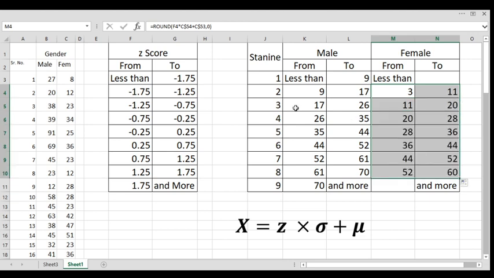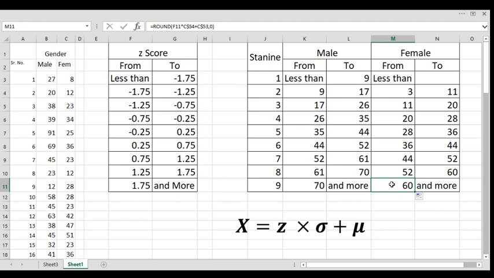The ranges for stenine 2 to 8 will be found in this way for female, and for the starting point of 9th stenine for female, we make the cell M10 active and we drag it down. The formula written in M10 will be copied and pasted here by dragging it down.